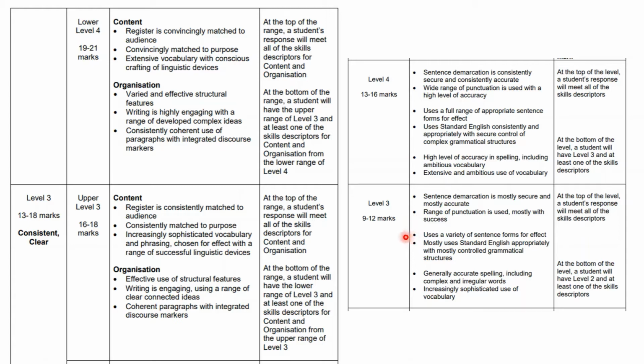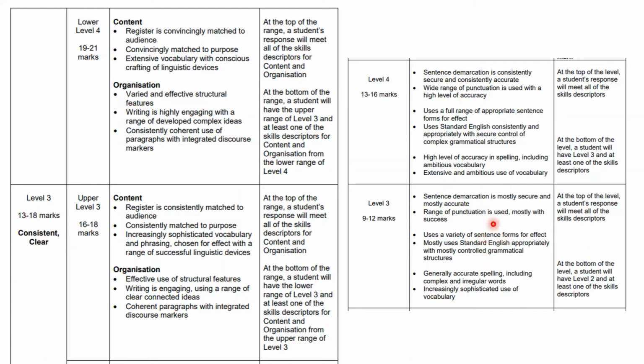Uses a variety of sentence forms for effects. We're going to look at that this week as well, but that's our compound, complex, simple sentences. Uses standard English appropriately with mostly controlled grammatical structures. So that is our grammar. Do all of our sentences have nouns and verbs? Are we using the correct tenses during our sentences?